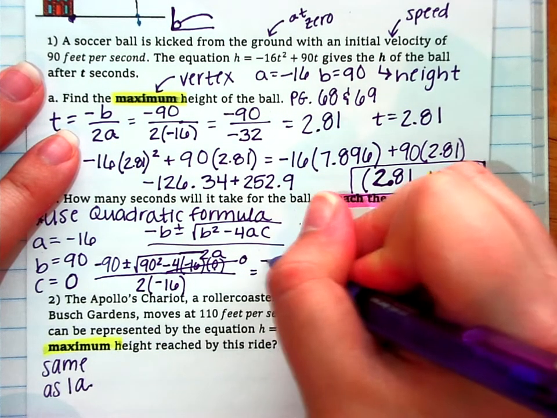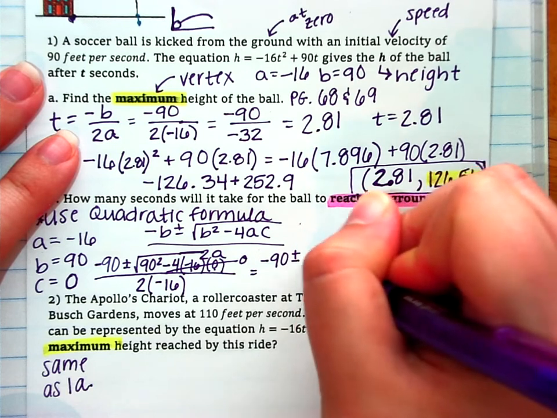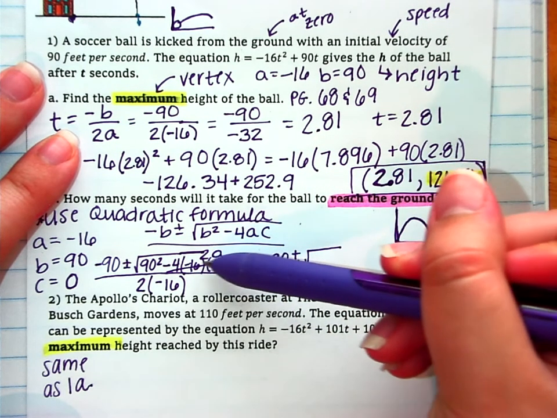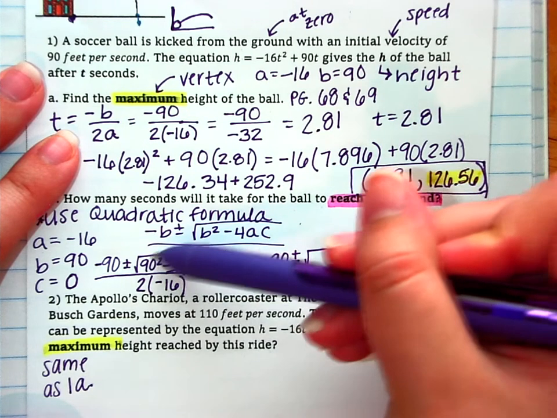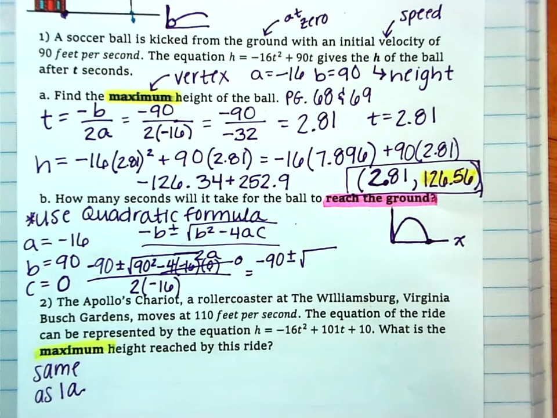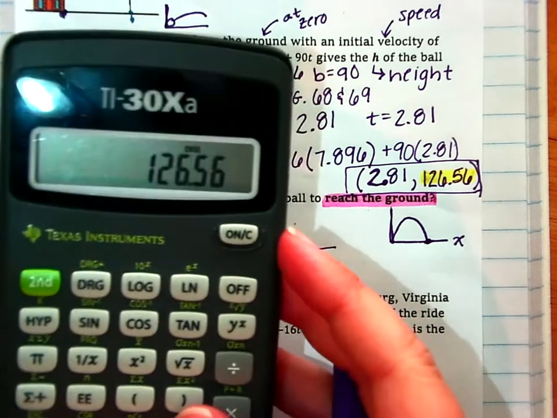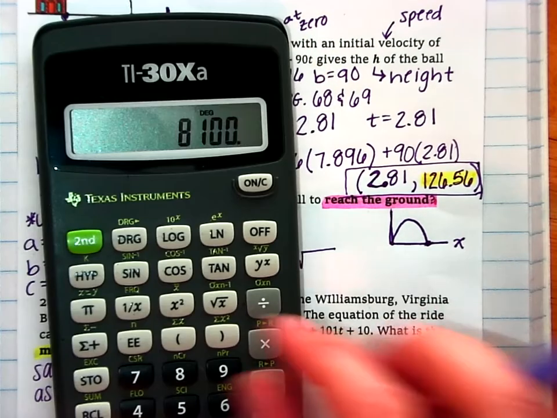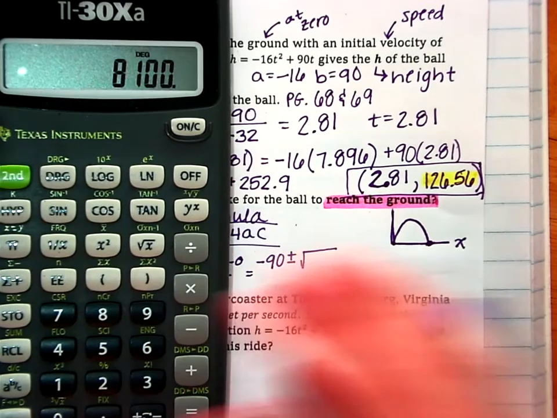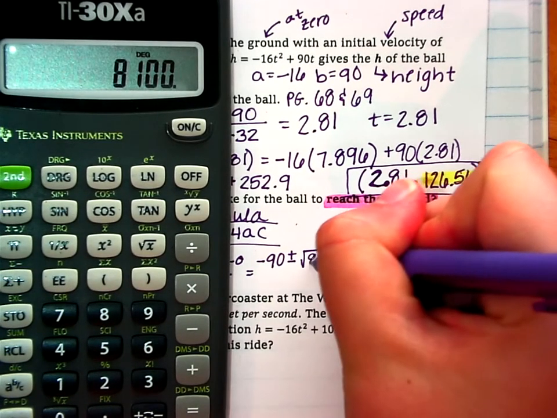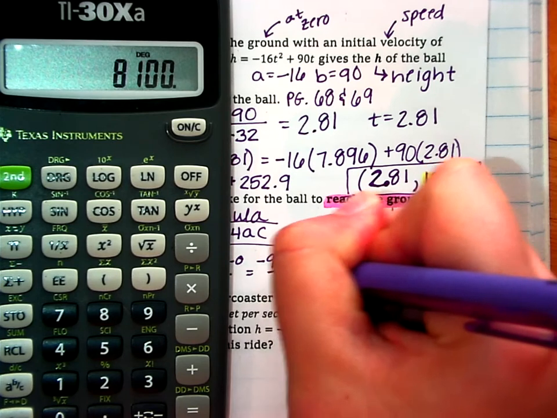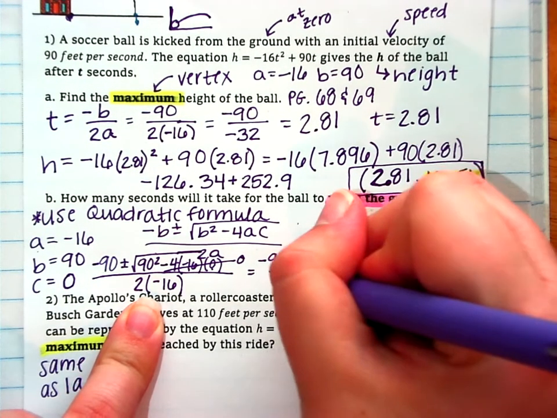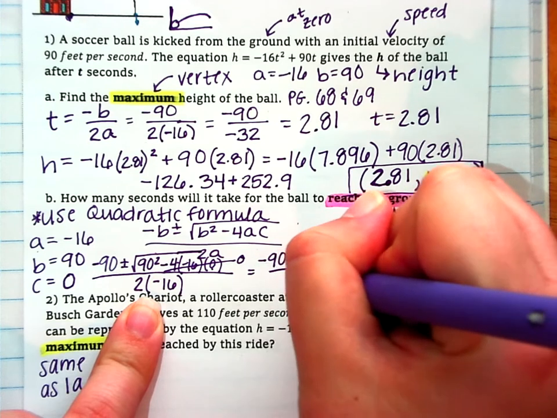All right, so we have negative 90 plus or minus the square root. We just said these three numbers multiplied together is 0, but we still have 90 squared under here. So 90 squared is 8,100, all over 2 times negative 16, negative 32.